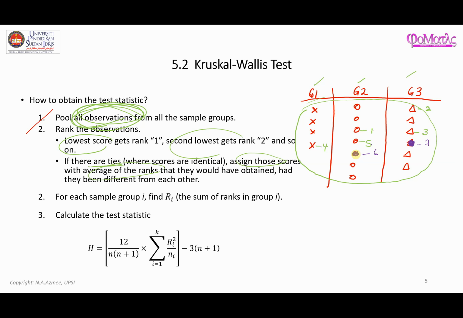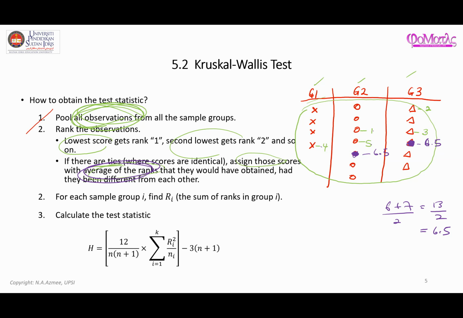But then for this purple position here, we are going to assign the rank as the average of the ranks that they would have obtained. That means 6 plus 7 over 2, 13 over 2, which is 6.5. So over here the rank should be 6.5, and over here is also 6.5.